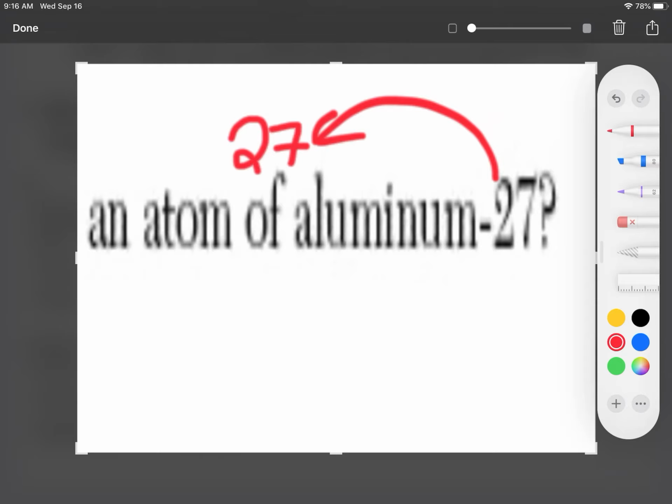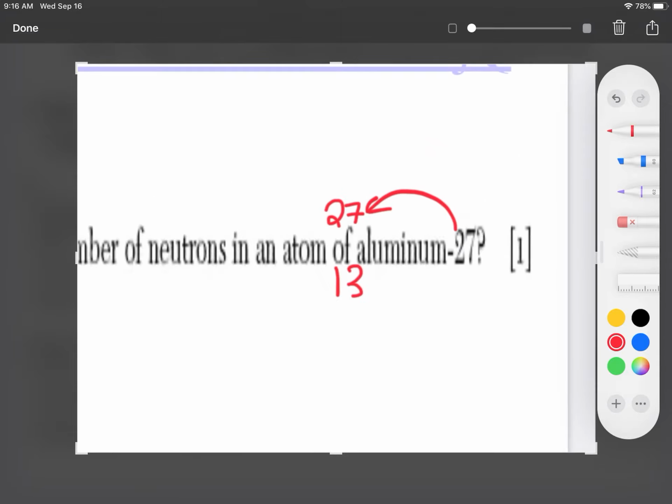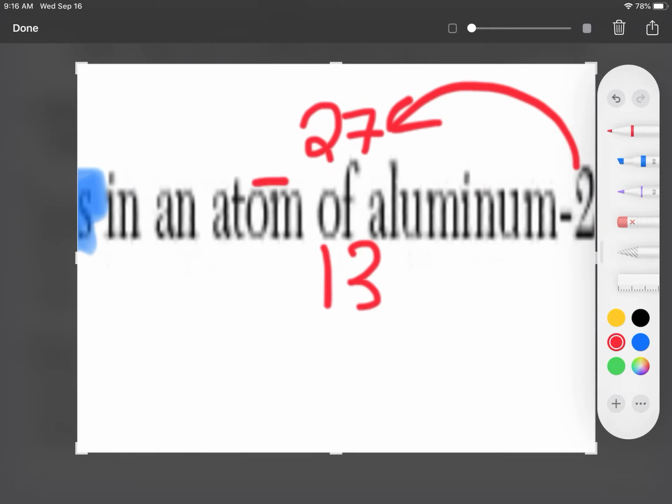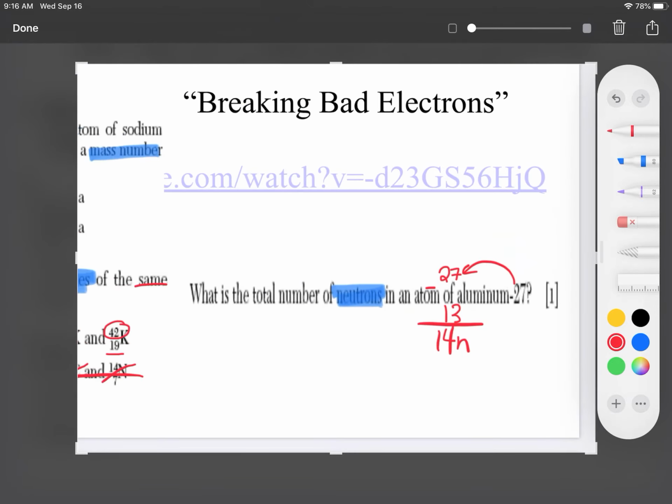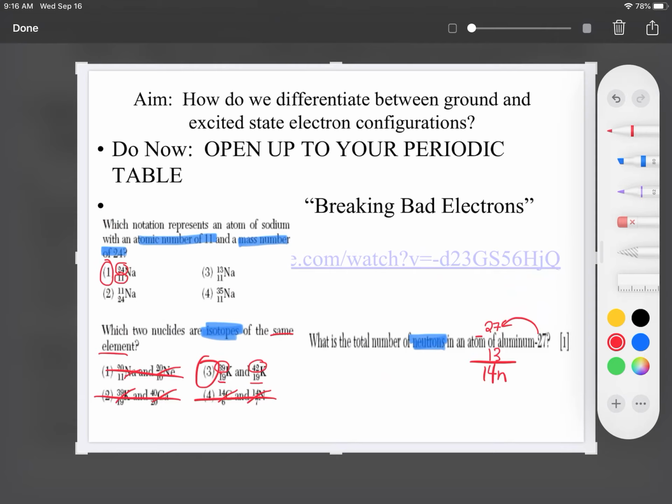Okay, we're back. The atomic number of aluminum, which is Al, is 13. So to get the number of neutrons, you simply subtract 27 minus 13, which would give me 14 neutrons. All right, let's move on.